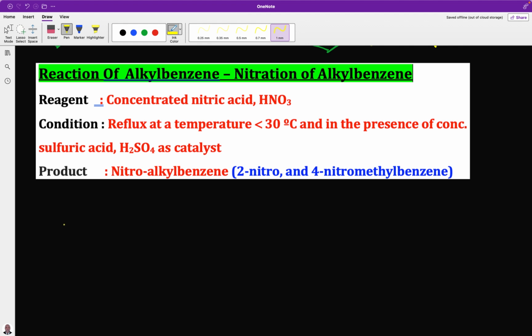So methylbenzene, we said it is 2,4 directing, plus nitric acid. The reagent is concentrated nitric acid.